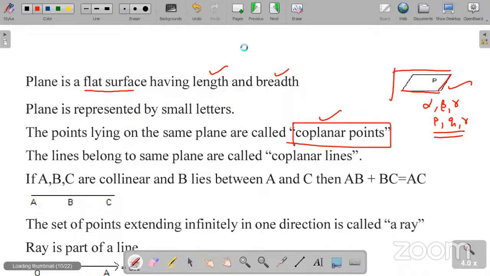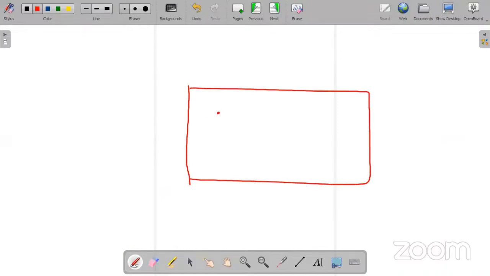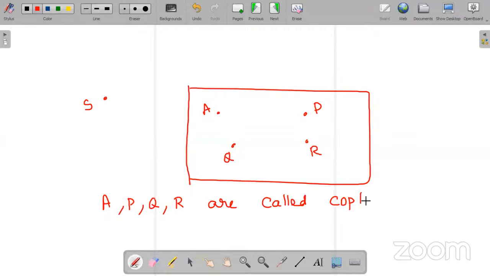For example, you take a plane like this. Suppose this is point A, this is point P, this is point Q, this is point R, and you take point S. A, P, Q, R are called coplanar points, because A lies in this plane, P lies in this plane, Q lies in this plane, R lies in this plane.